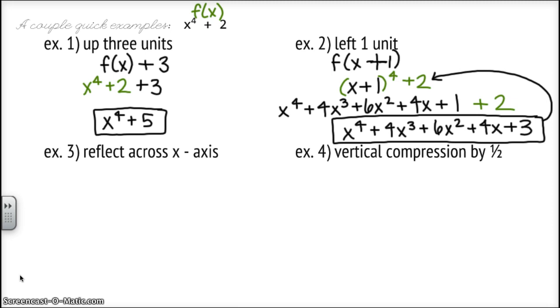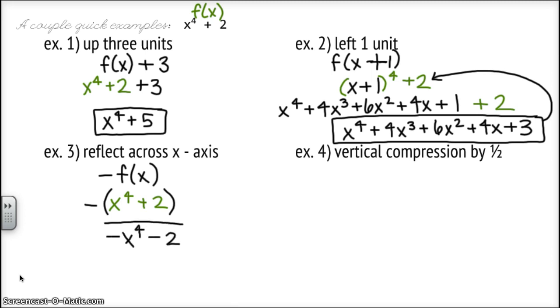Okay? Reflect across the x-axis. Now, across the x-axis means we make it negative. So we're going to take our entire f of x and we're going to make it negative. So instead of x to the 4th plus 2, it's going to be negative x to the 4th minus 2. So that's the new equation after it's been reflected across the x-axis.